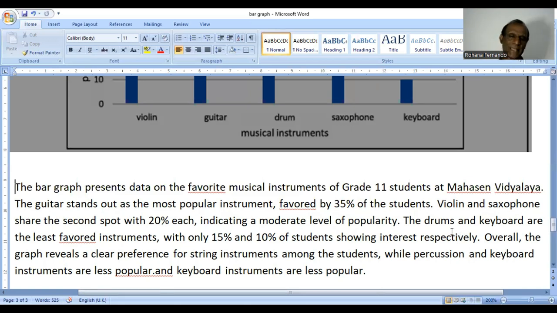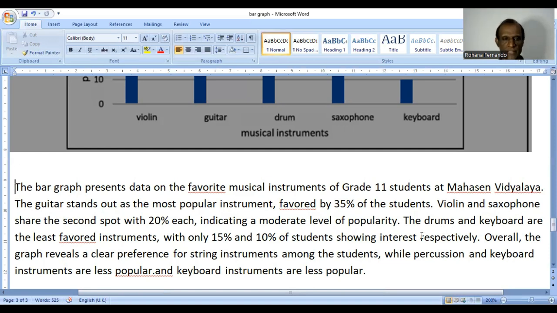We use "respectively" for presenting correlative figures. That means 15% relates to drums and 10% relates to keyboard, if these data refer to these variables in the order they come.